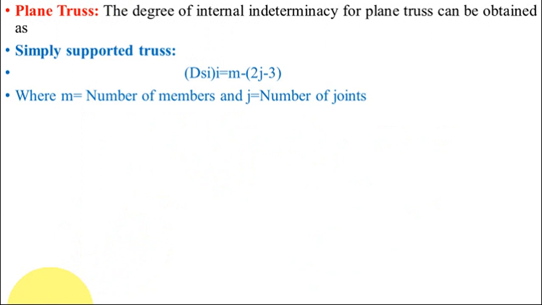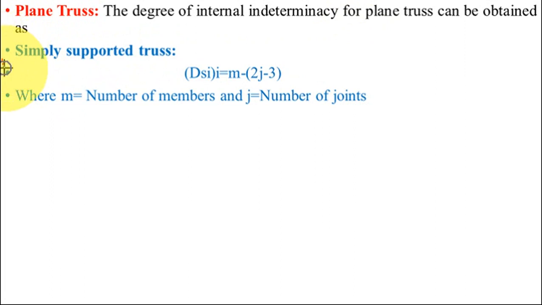Now the next type of structure is plane truss. The degree of internal indeterminacy for plane truss can be obtained in different ways. It depends upon the type of truss. Now we will consider first a simply supported truss.